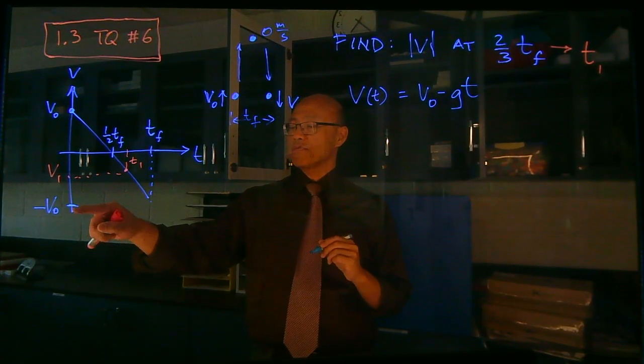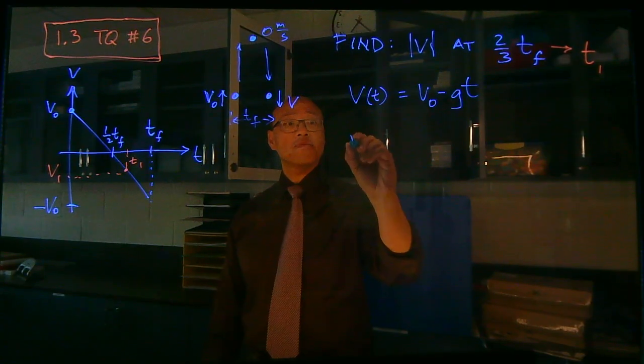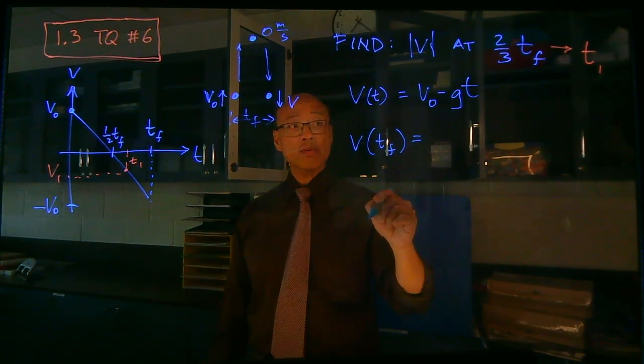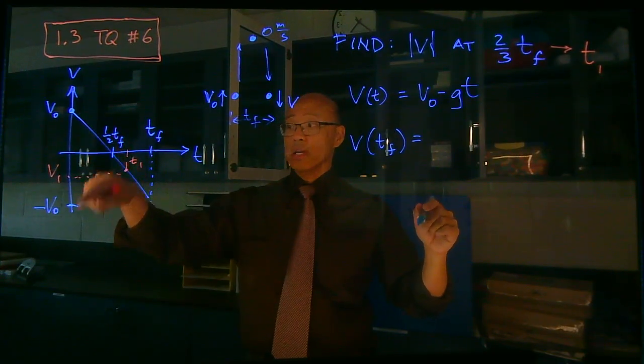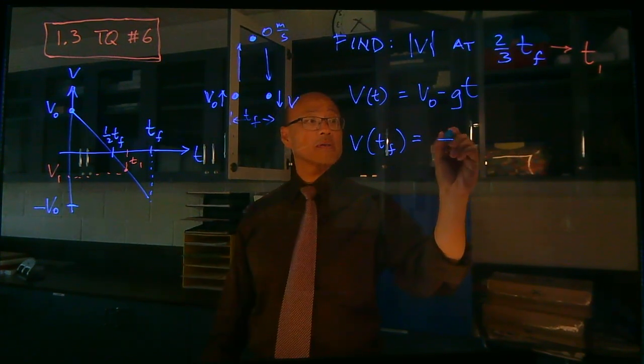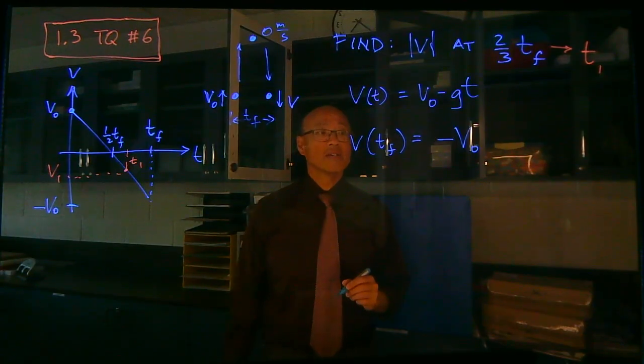I also know that at the very bottom, after TF, my v at TF is going to equal my initial velocity, isn't it? Isn't it just negative v naught? Wow, that's crazy.